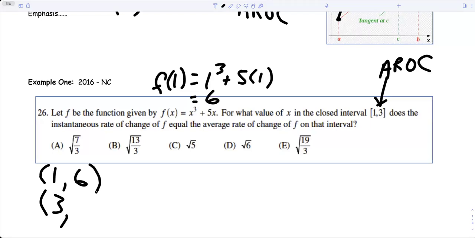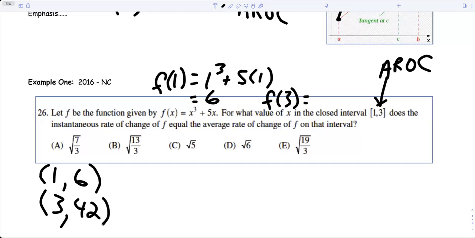And then I need f of 3, which is going to be 3 cubed plus 15. Oh no. Math. Where have you gone? We've been on a mathematical famine. What's f of 3? 27 plus 15, which is 42.